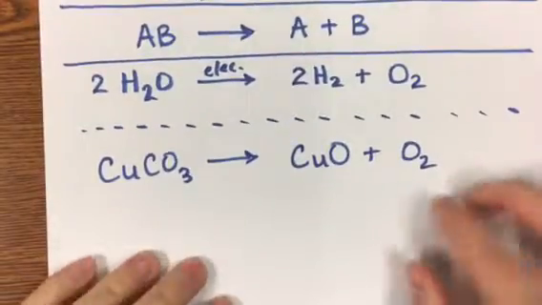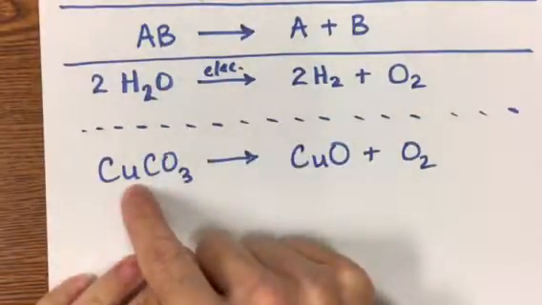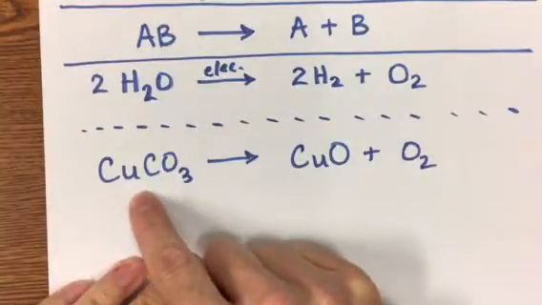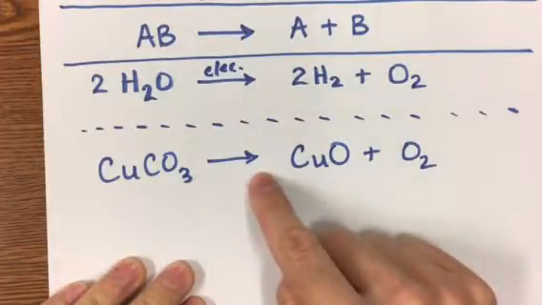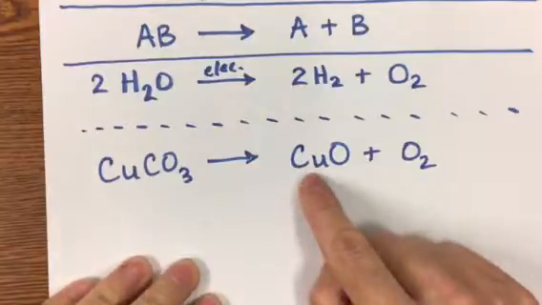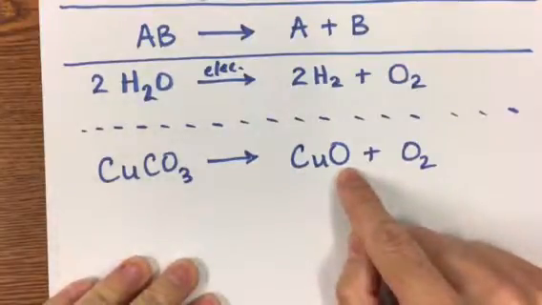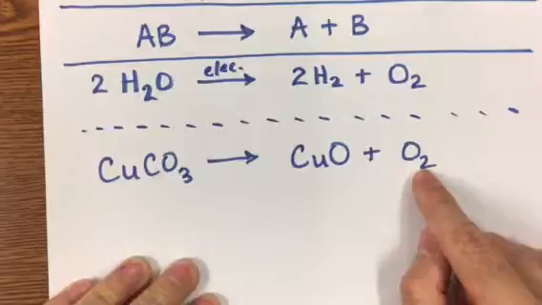Another example would be CuCO3, which in this case is going to be copper 2 carbonate. It is one fairly complicated molecule, and it will break down, it will decompose into copper 2 oxide and oxygen.